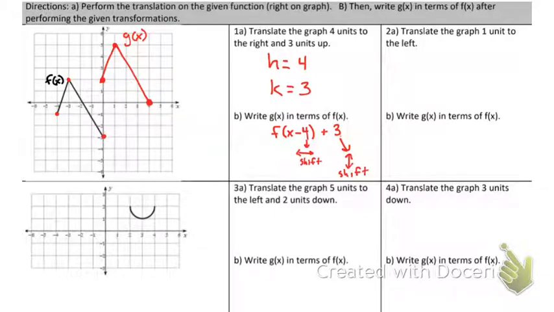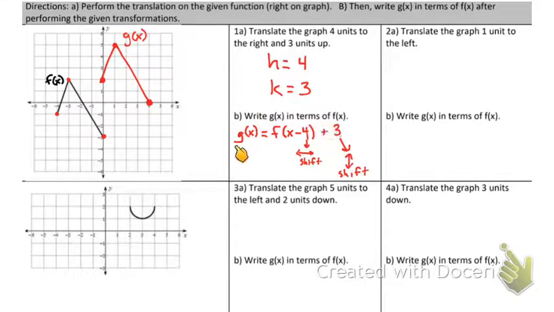Okay, and again, we've taken the function f and we did these shifts to it. So we have to rename this. This is now the equation for function g. So essentially, g of x, which is this guy, takes function f and does these shifts to it, the h and k.